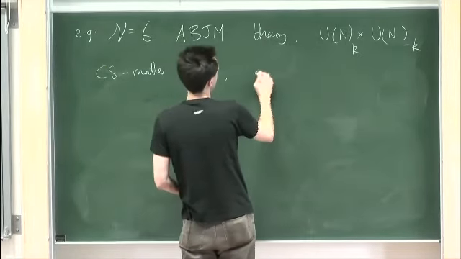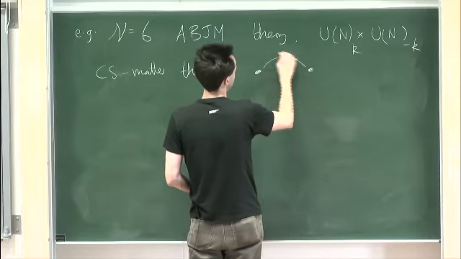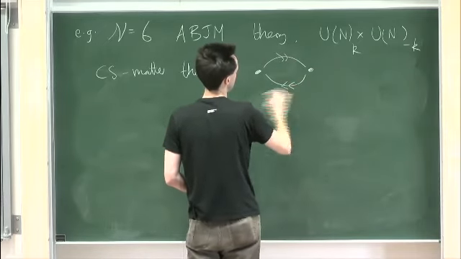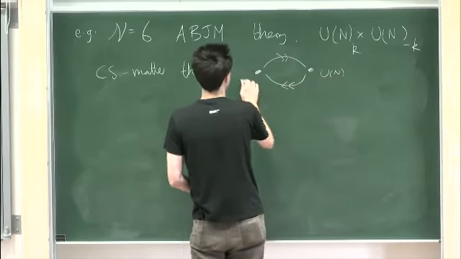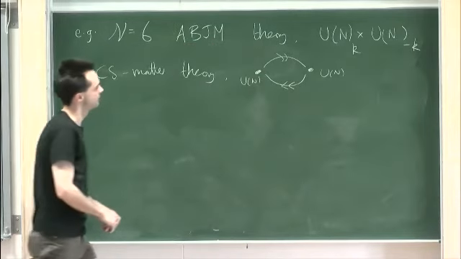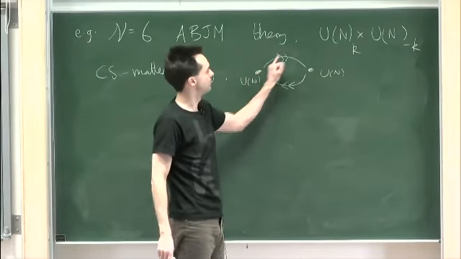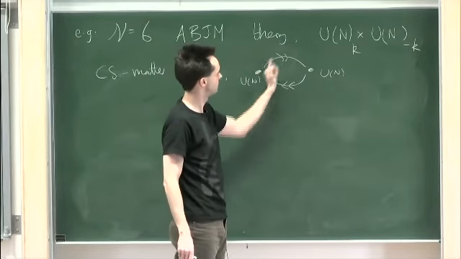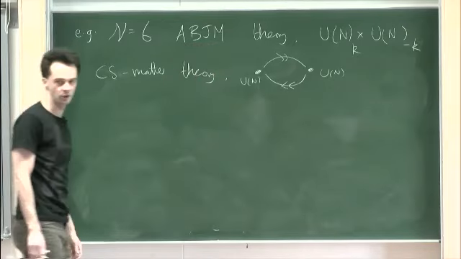And there's some bifundamental matter that you can draw with a quiver diagram. If you draw the 2 U(N) gauge groups like this, you have 2 in the bifundamental going from that to that, and then you have 2 in the conjugate representation.